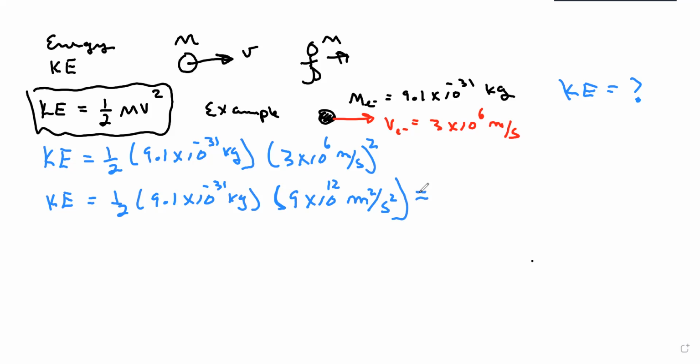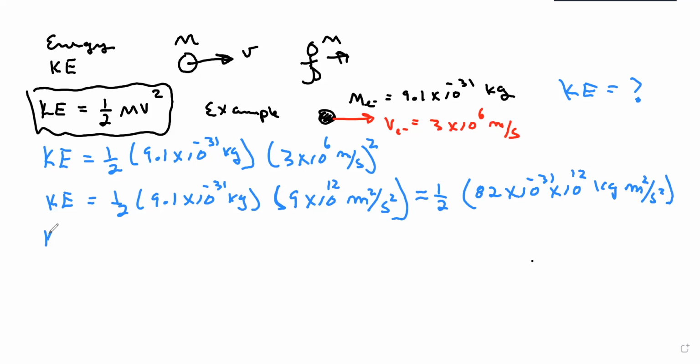So this is going to be equal to 1/2 of, if you multiply 9.1 times 9 is going to throw you approximately 82. It's going to be times 10 to the minus 31 times 10 to the 12. Okay, and the units that you have are going to be kilogram meter squared over second squared.